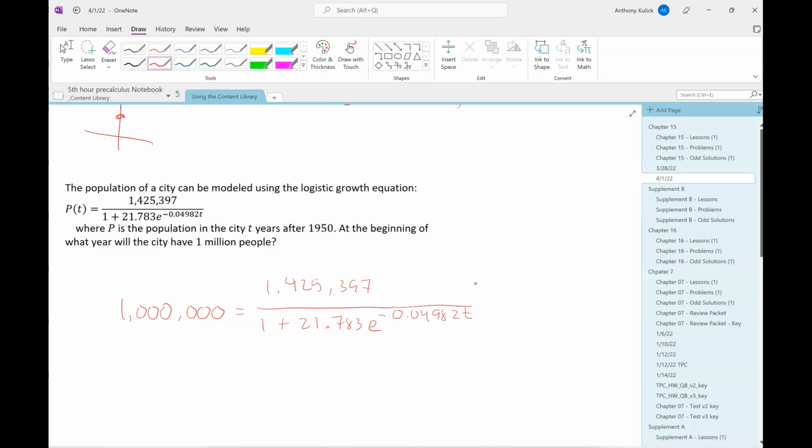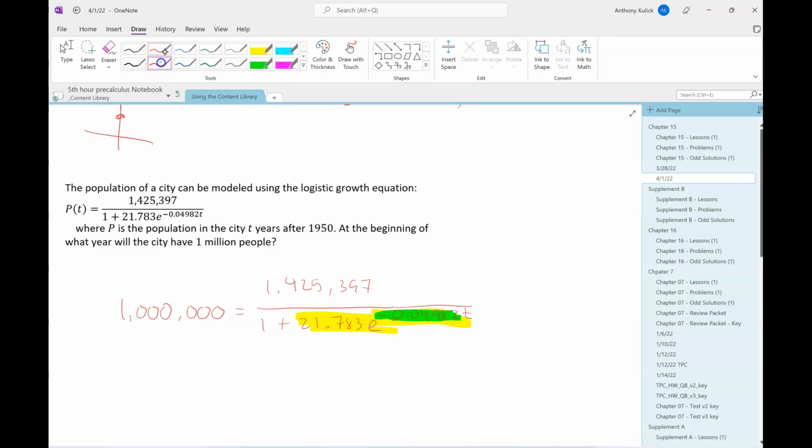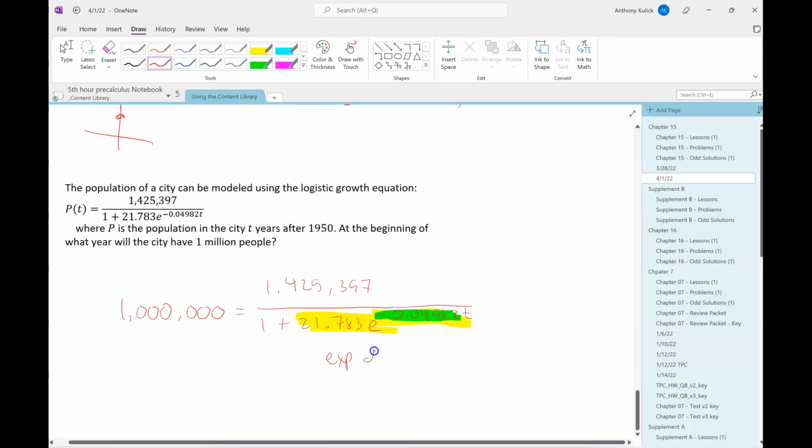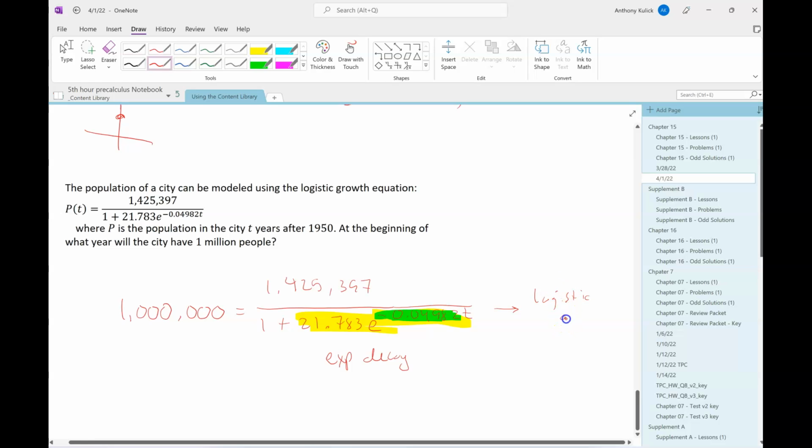Everybody's okay here? And I can tell this is logistic growth because if I look at the exponential in the denominator here, since the k value is negative in the exponent, I know this is exponential decay, which would imply then that this is logistic growth, right?